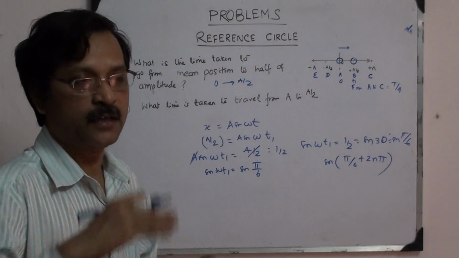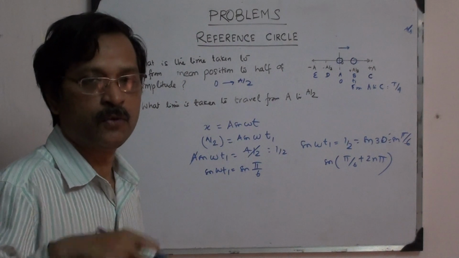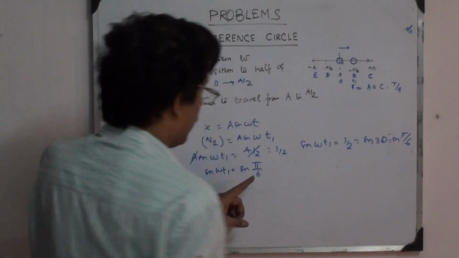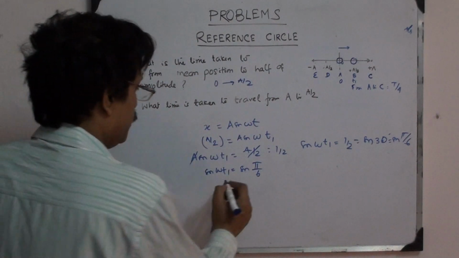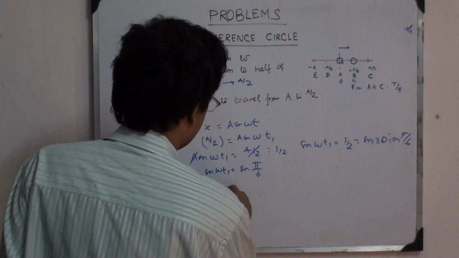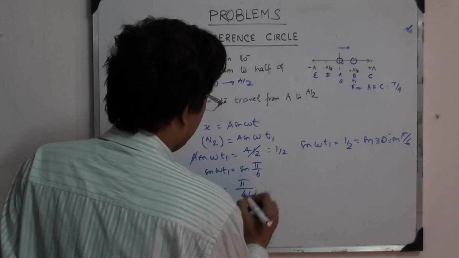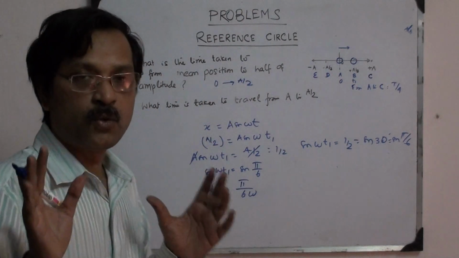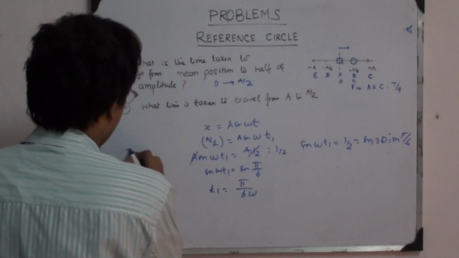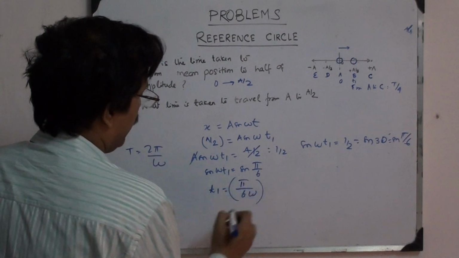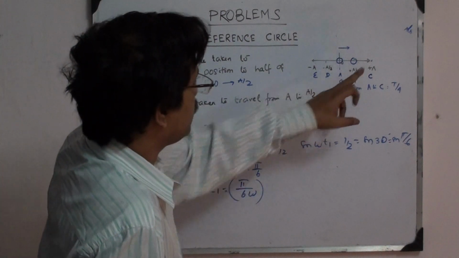The sine of any angle after a round of 2 pi, full circle, as many rounds as you can do, will remain same. So here our relevance is pi by 6. So what is t1? t1 is equal to pi by 6 omega. But the total time period T, you know, is 2 pi by omega. So we get at time t1, it will reach A by 2.